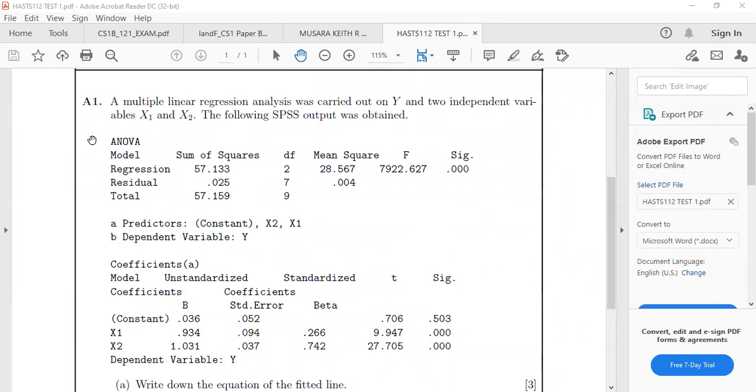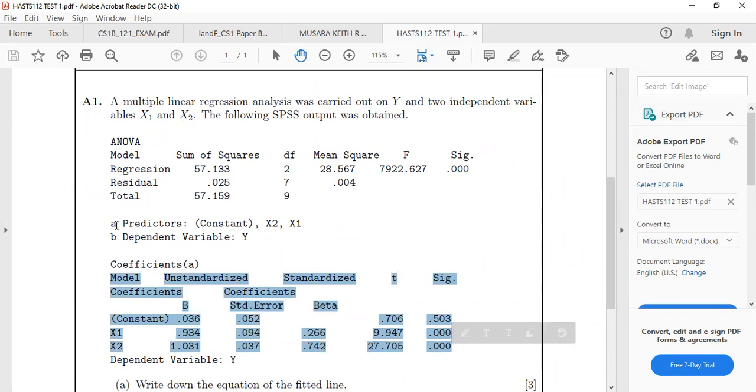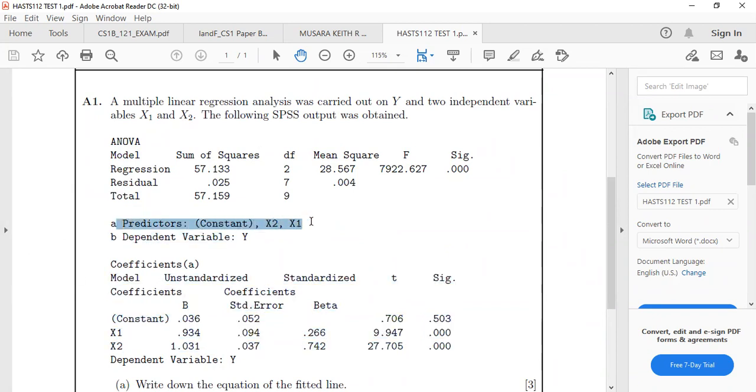during the semester. So this is an output from SPSS. The output from SPSS has the ANOVA table. It has the multiple linear regression, all right? The predictors are also called independent variables, and also explanatory variables in some fields.